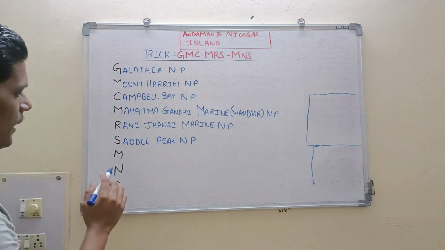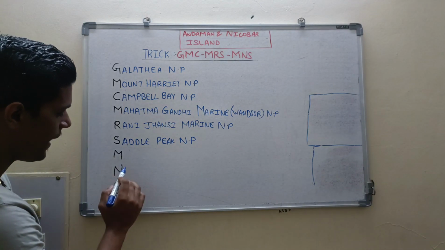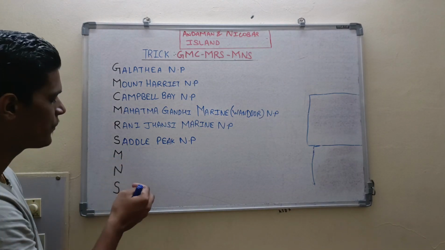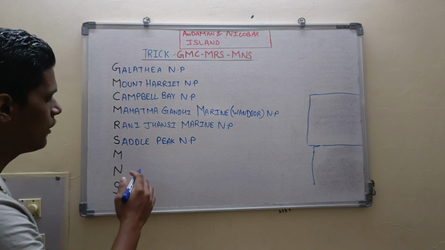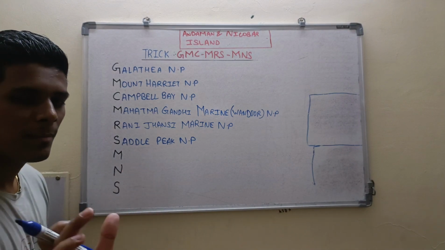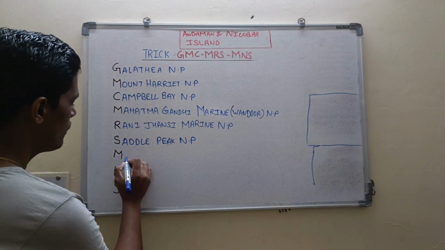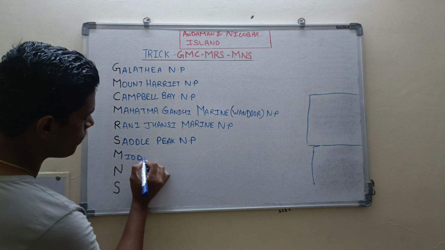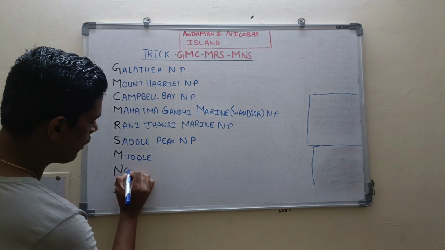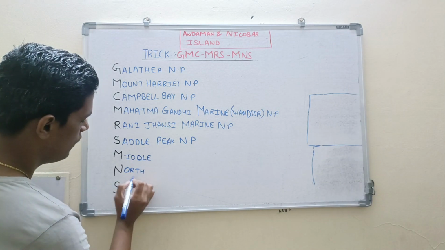Now let me tell you that the last three letters, M N S, are very easy names. They are different names, but similar in some manner. For example, M is middle, N is north, S is south.